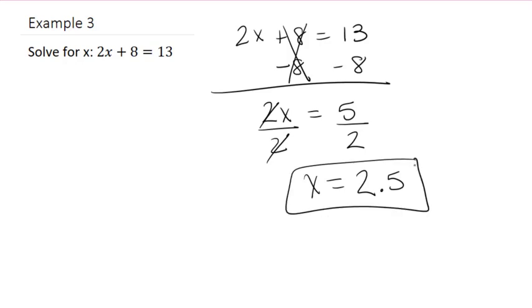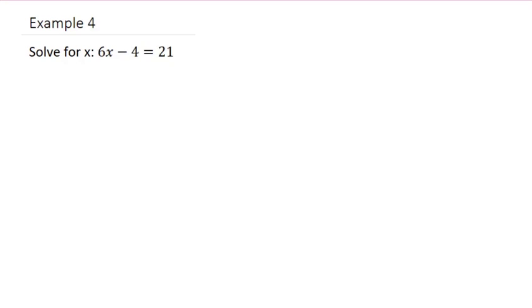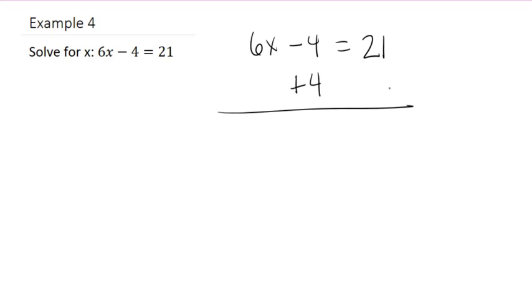Let's do one more example. We have 6x minus 4 is equal to 21. The first thing we do is add 4 to both sides. This gets rid of the 4 here. We're left with 6x.